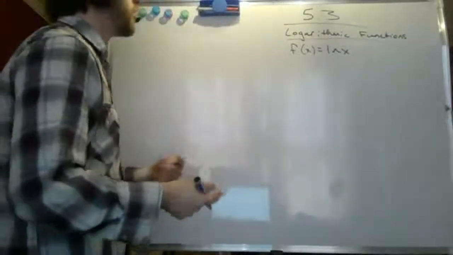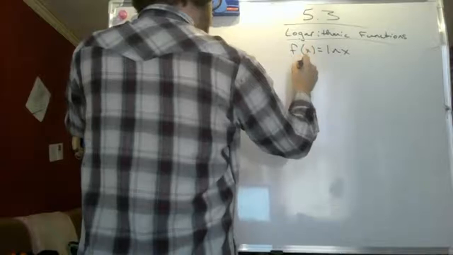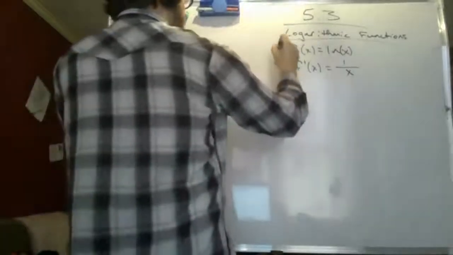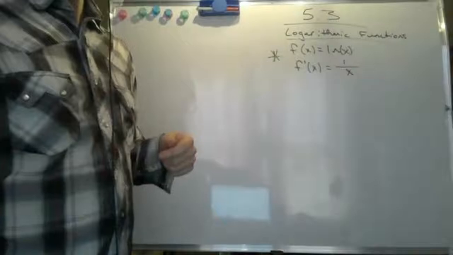The rule is actually fairly simple here. If you want to take the derivative, then f prime of x is equal to 1 divided by whatever's on the inside, whatever you're taking the natural log of. So in this case, it's just 1 over x. And that's it. This is the derivative rule for logarithms.